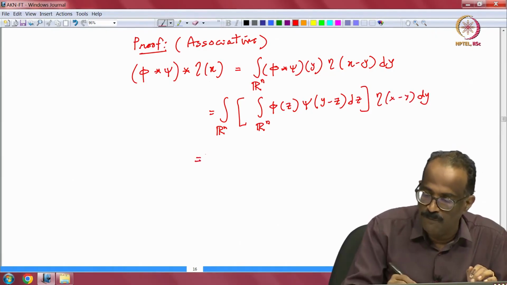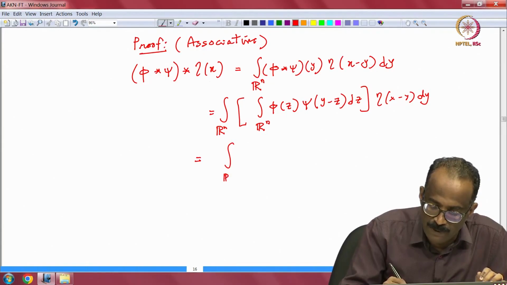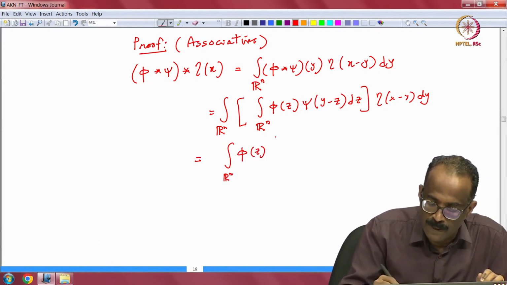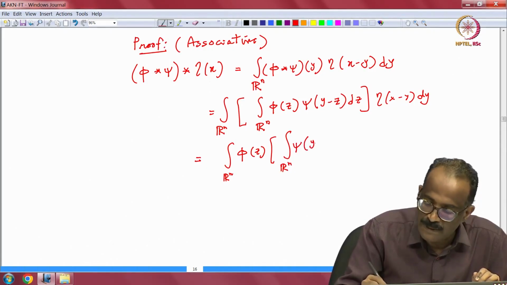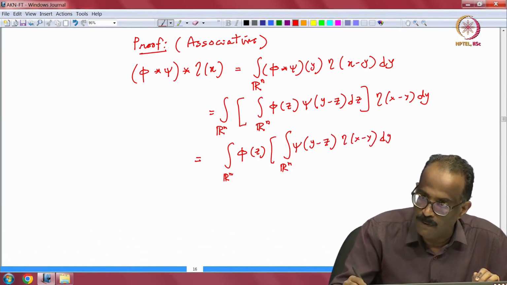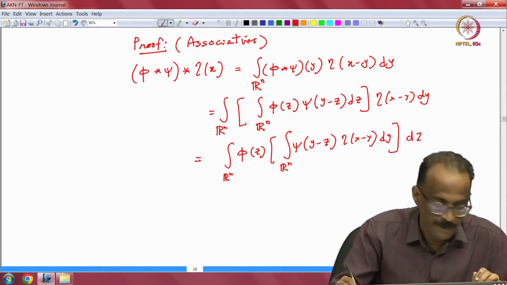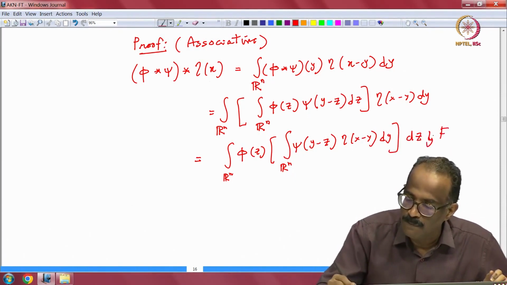So, you apply Fubini, and you get the integral over Rn of phi of z, times the integral over Rn of psi of y minus z eta of x minus y dy, dz. This is by Fubini, as and when it is true.